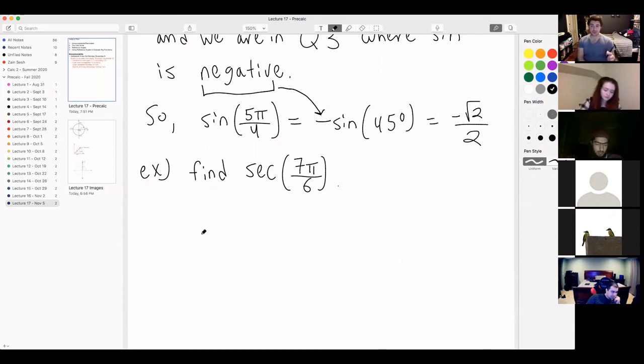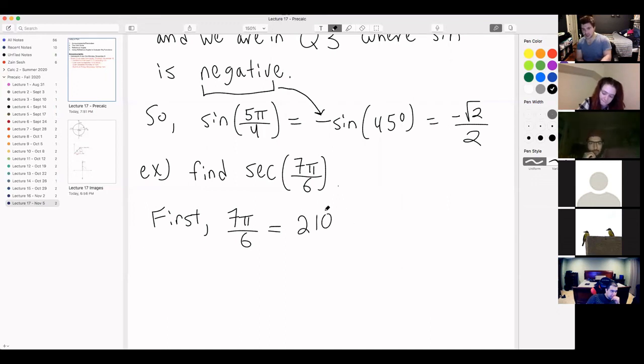Okay, so what I like to do is convert to degrees just so I can get a mental picture of where we're at. What quadrant are we in? That's just my personal first step. So first, 7 pi over 6, convert this to degrees. You use your formula. You can check me on this, this will be 210 degrees.